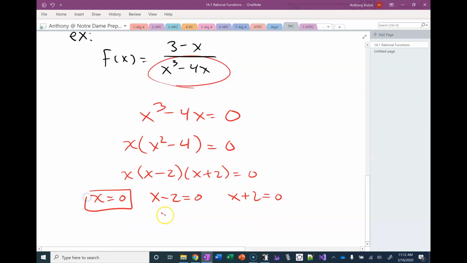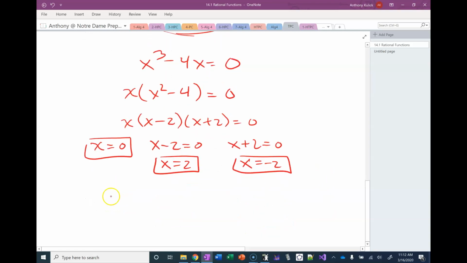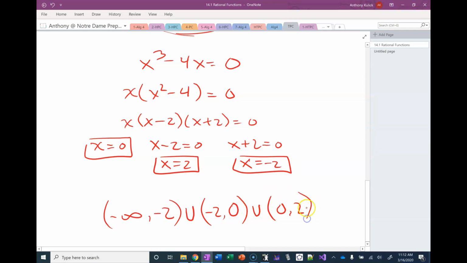So I'm getting 0. When I add 2 to both sides, I get positive 2. When I subtract 2 from both sides, I get negative 2. So my domain then is negative infinity up to the smallest one, negative 2, union negative 2 up to the next smallest one, which is 0, union 0 to the biggest one, that's 2, union 2 to positive infinity.